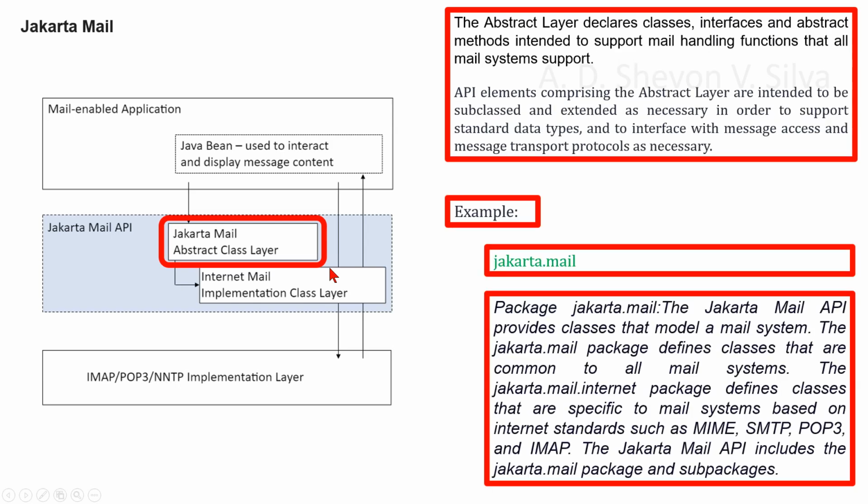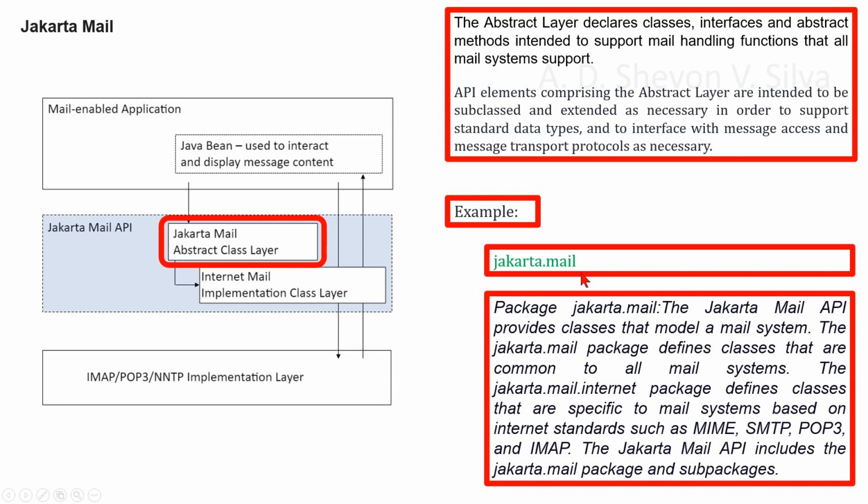As an example, we can consider the package Jakarta.mail. The Jakarta Mail API provides classes that model a mail system. The Jakarta.mail package defines classes that are common to all mail systems.